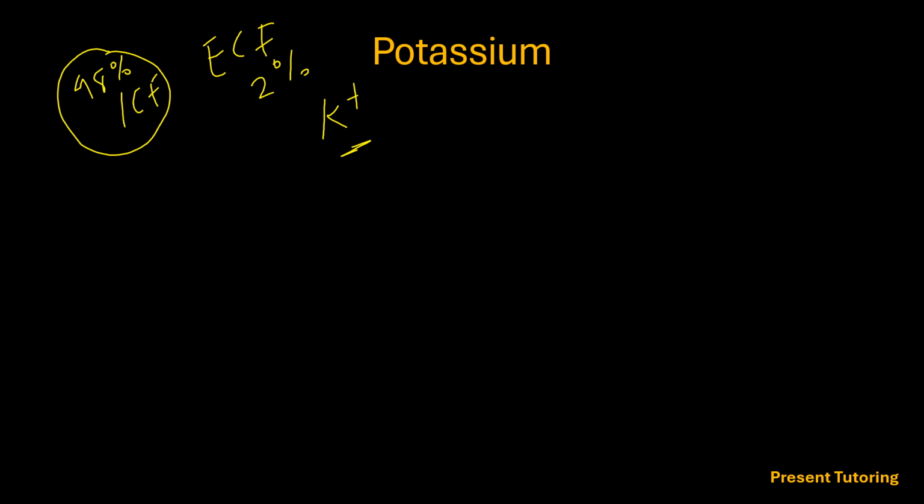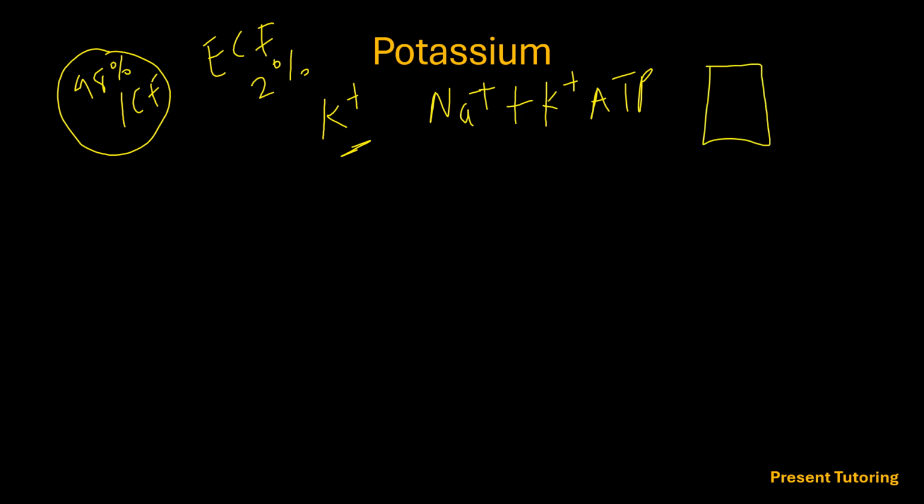And the fact that the potassium has more representation inside the cell is actually due to the action of the sodium potassium ATPase pump. So the sodium plus potassium ATP pump is what is responsible for maintaining this difference.